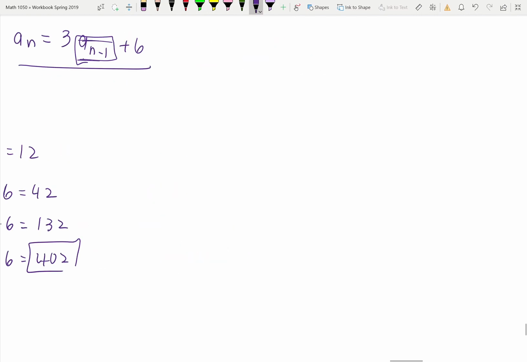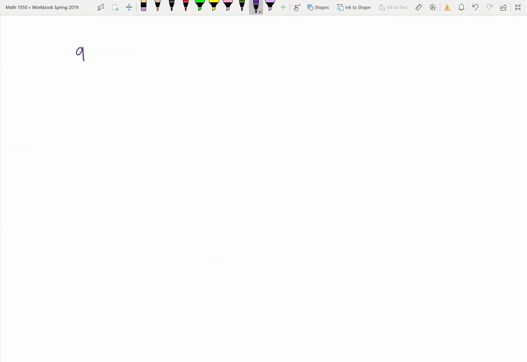Okay, here's number 9. Find the sum. One big thing that you must do is notice that it is an infinite series. The reason it's an infinite series is because you've got the dot, dot, dots.